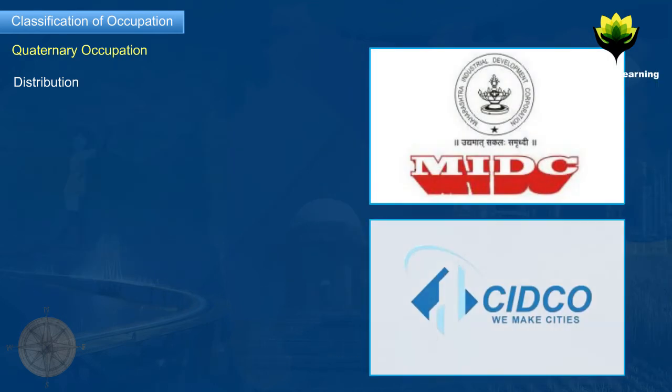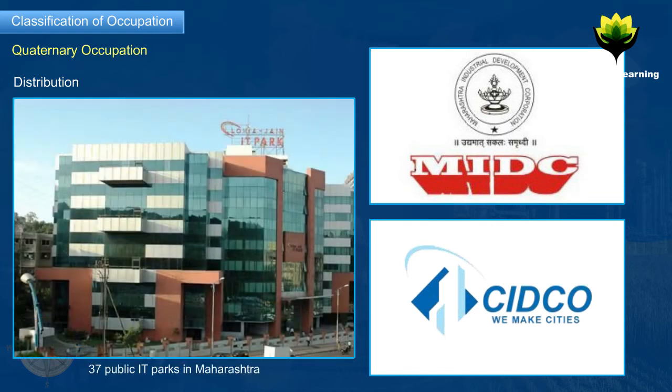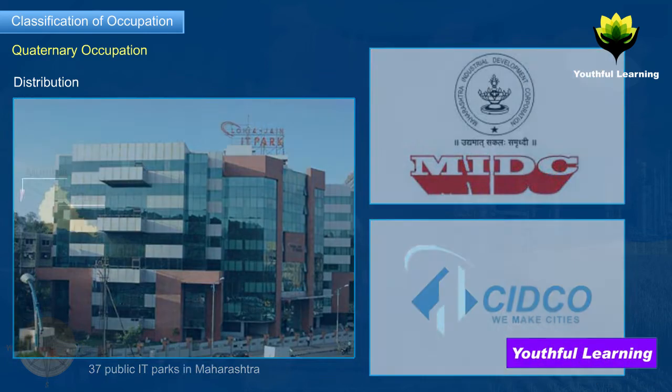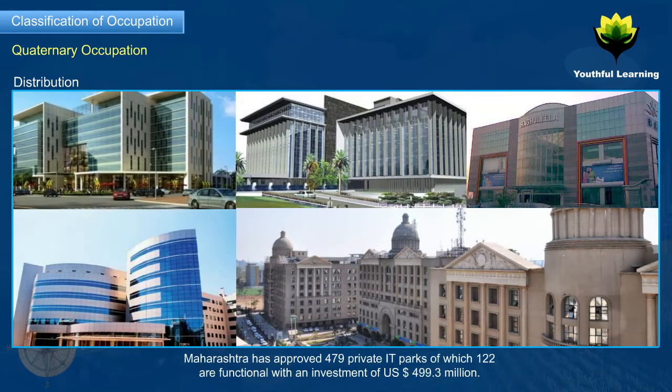MIDC and CIDCO have established 37 public IT parks in Maharashtra, and the state has approved 479 private IT parks, of which 122 are functional with an investment of US$ 499.3 million.